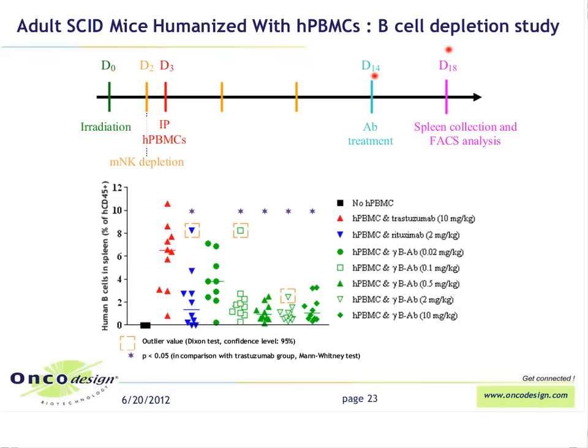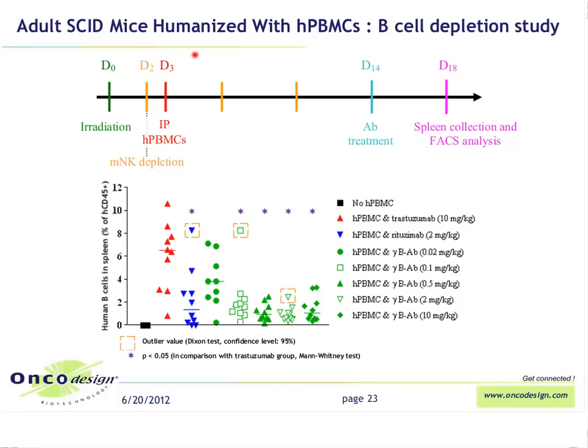This is an example of a study aimed at evaluating rituximab efficacy using healthy B cells as target cells and using NKs coming from PBMCs as effector cells.